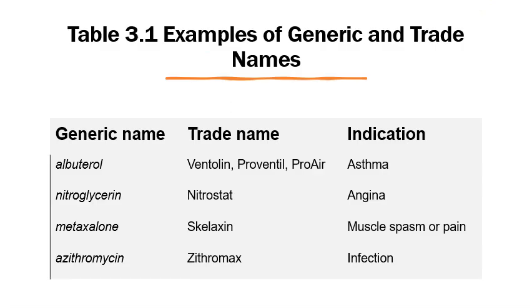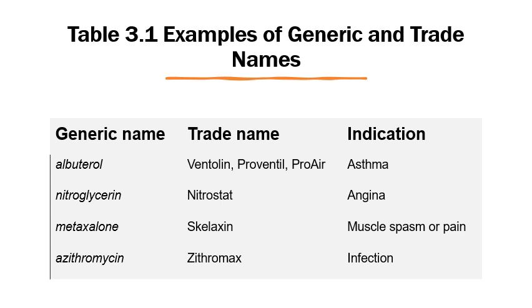So here are some examples of generic and trade names, taken out of your text. You have the generic name, you have the trade name, and then they're showing you what the indication is for. For instance, a very common drug used for asthma is albuterol, a short-acting beta-2 agonist.